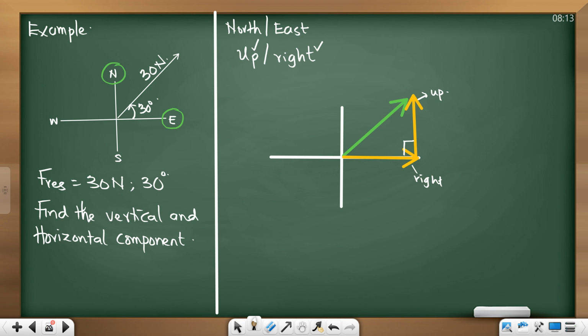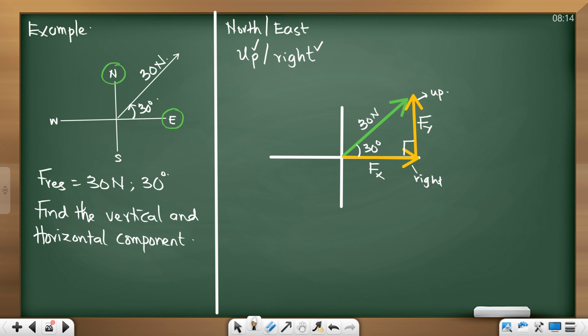That's the main aim. And this is our angle, 30 degrees. This is 30 newtons. I am therefore going to call this Fy, and I'm going to call this Fx. Y vertical, X horizontal. Don't forget that.